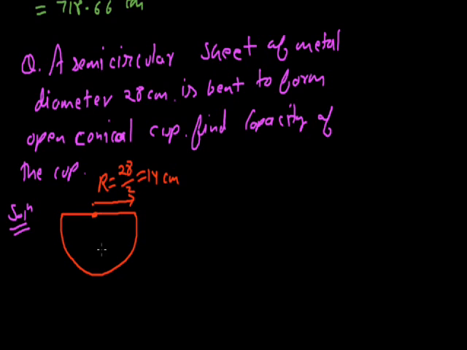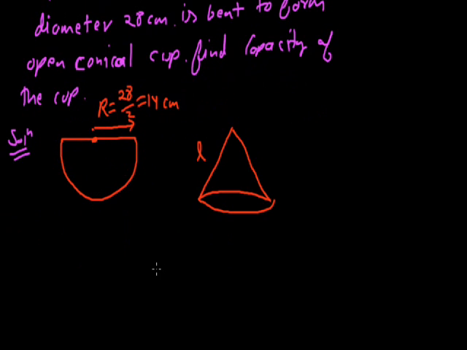Now when we bend this semicircular sheet in the form of a cone, the radius of this semicircular sheet acts as the slant height of the cone. So the slant height of the cone is equal to the radius of this semicircular sheet, that should be 14 centimeter.